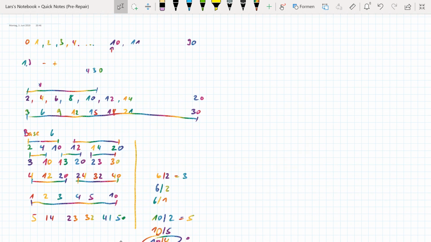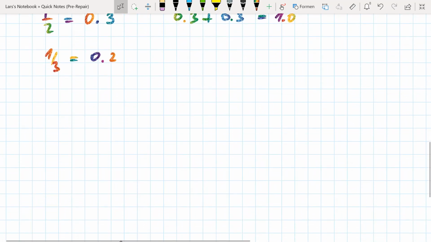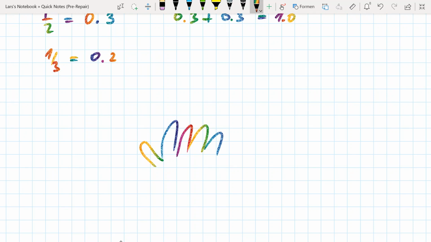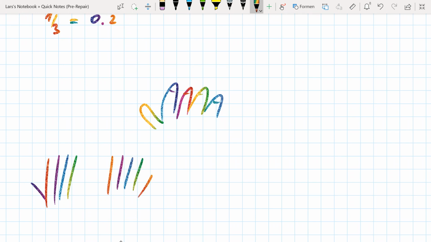It's so much easier to learn, and one nice thing is, if you want to count with your hands, you have five fingers, so you can count. In base 10 you can count until 10, because you can count 1, 2, 3, 4, 5, 6, 7, 8, 9, 10.